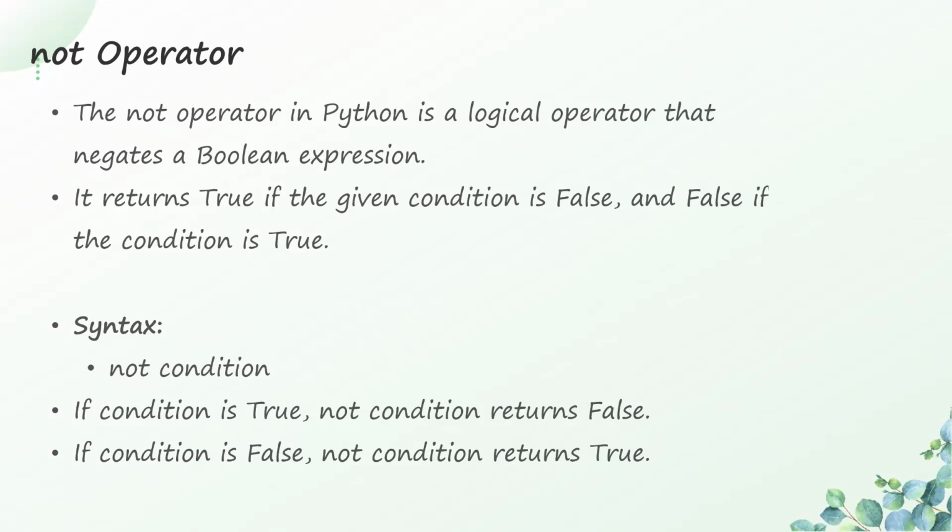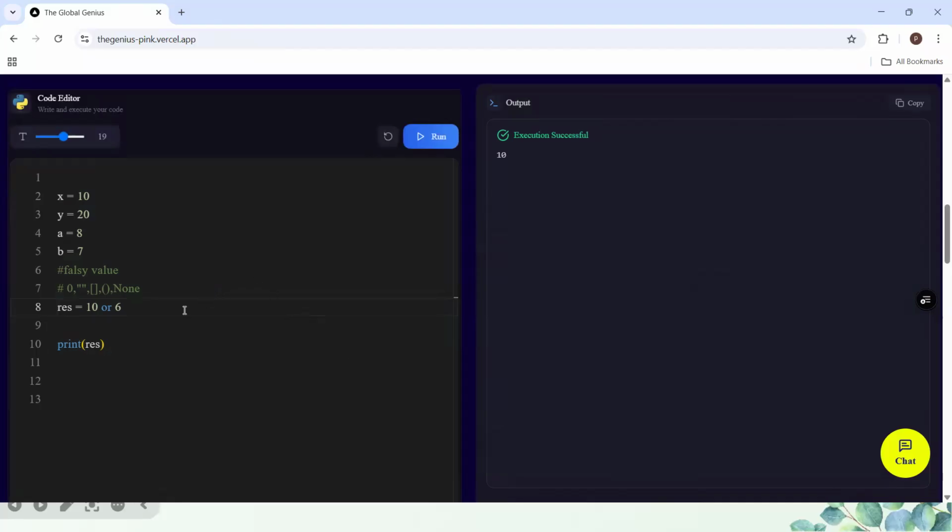Let me show you something. If I say not x greater than y, first of all, x greater than y is false because 10 is not greater than y.